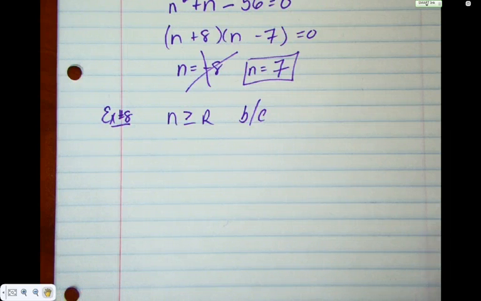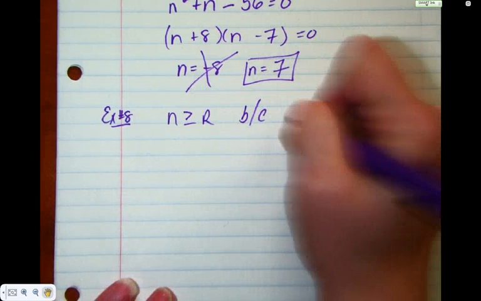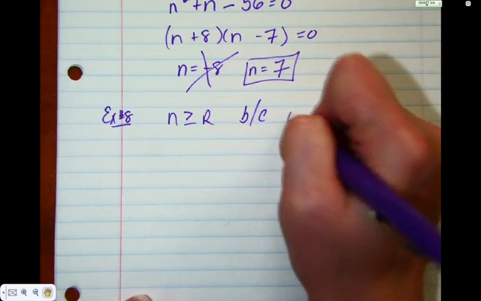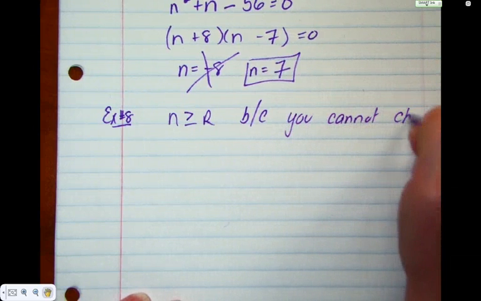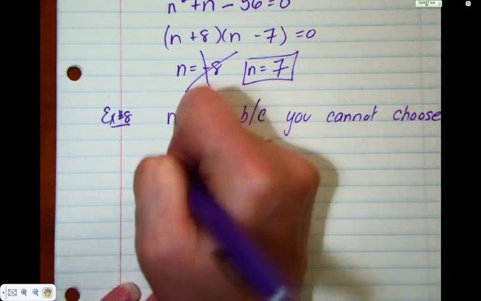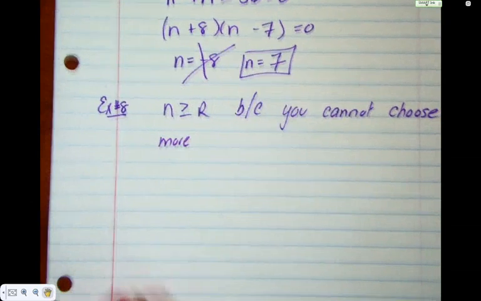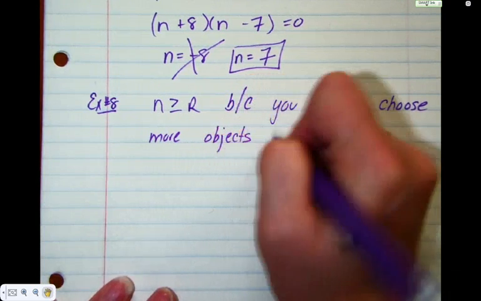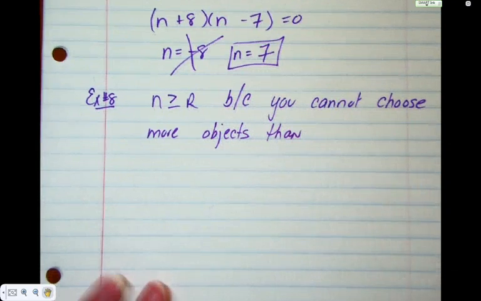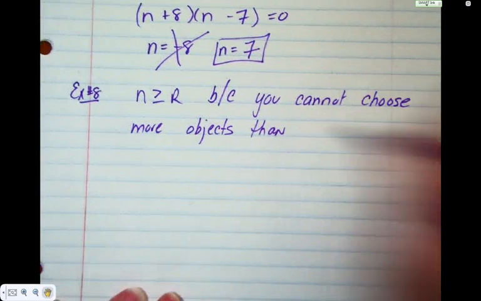Okay, so I'm like where Noah's going here: because you cannot choose more objects than you have.